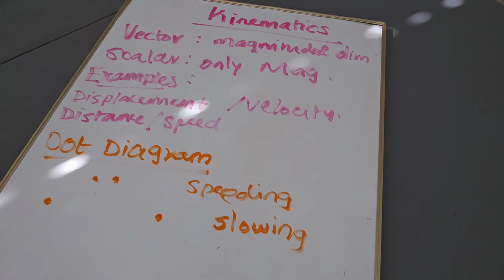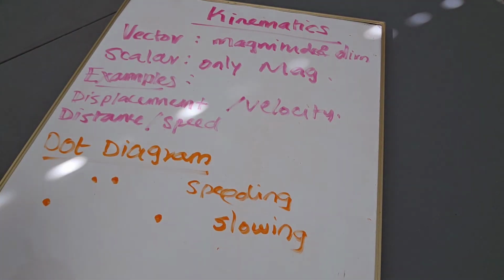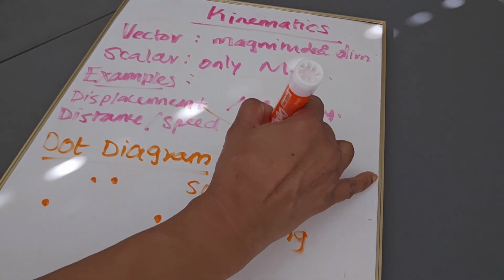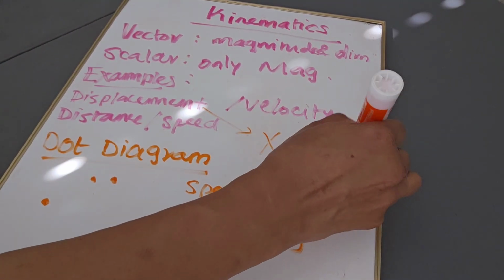A scalar has only magnitude. That's the quantity that possesses no direction. For example, distance and speed. If you think of the difference between distance and displacement, displacement is given by final position minus initial position.